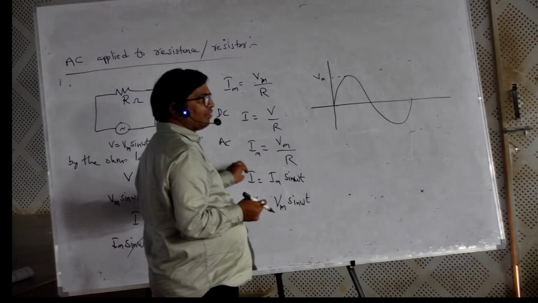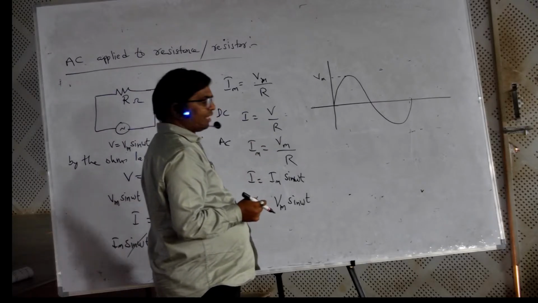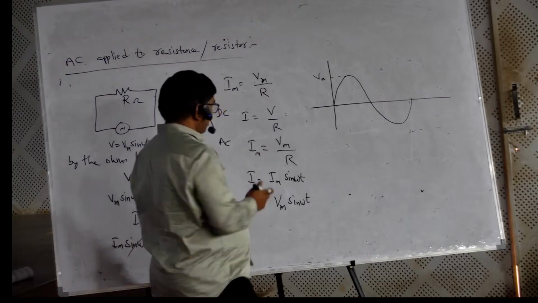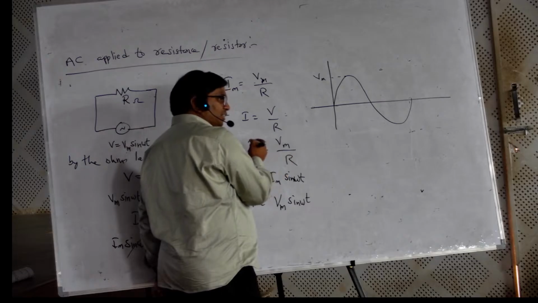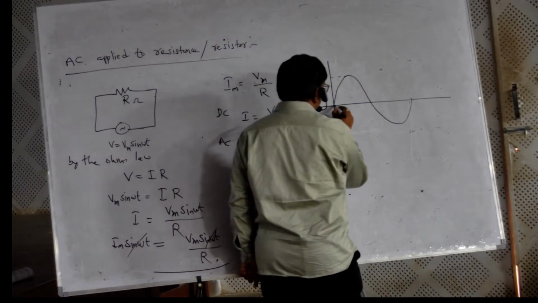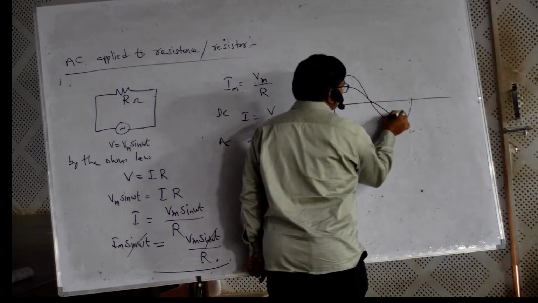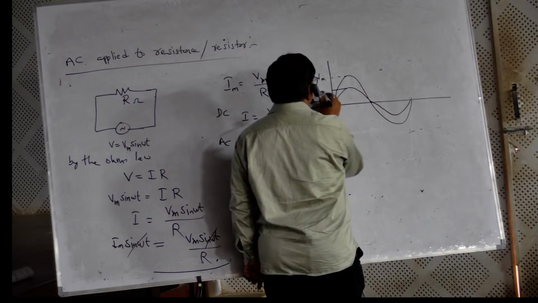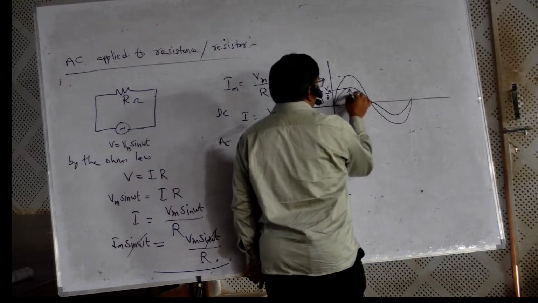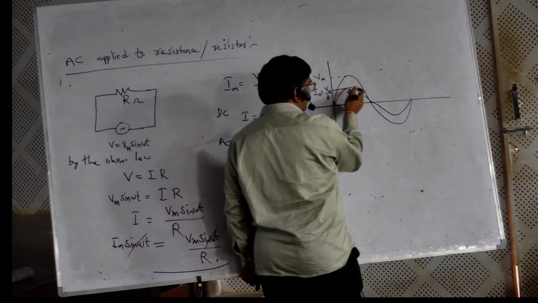I is equal to Im sin omega t, where Im is equal to Vm by R. So the value is decreasing with respect to the resistor. This is Im, whose value is Vm by R. How did we get this magnitude? Vm by R is less than Vm, so that is why I have drawn the magnitude like this.